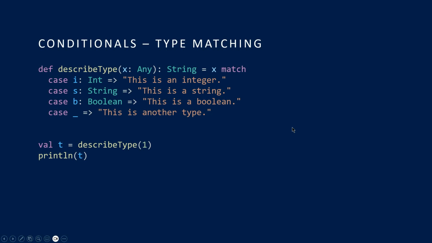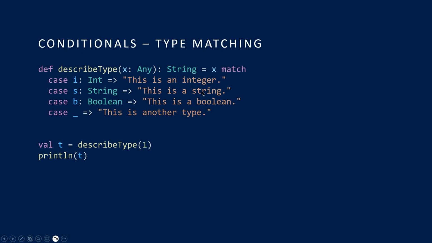I've got anything going into it, so any type of value. There's a string coming out, and it's going to do a match here on what type of thing it is.